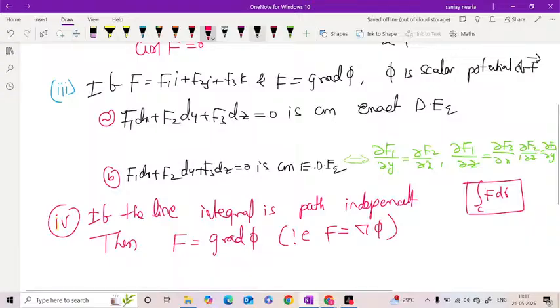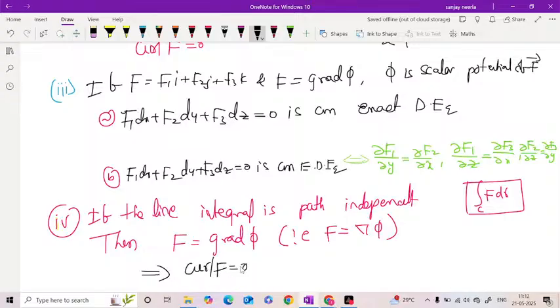That means the curl of F must be 0, or del cross F must be 0. Okay, so this is our fourth point.